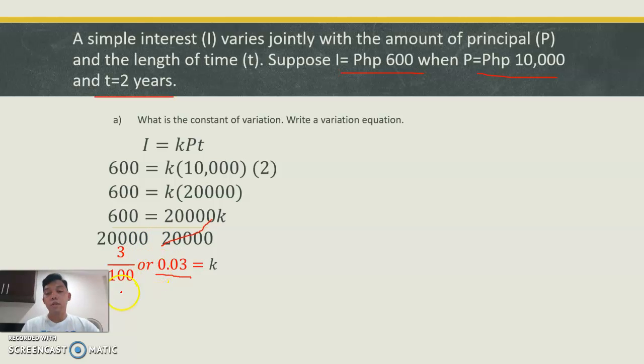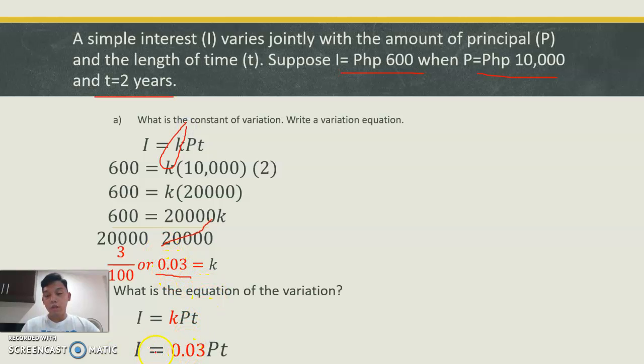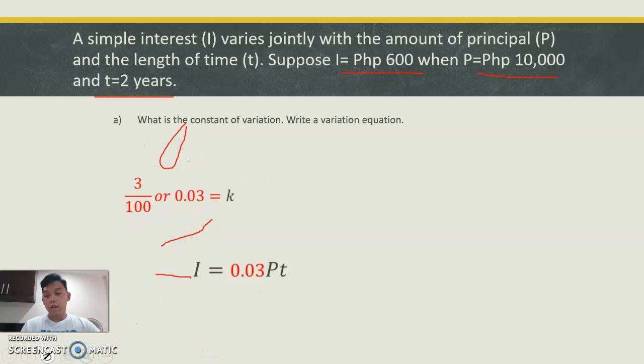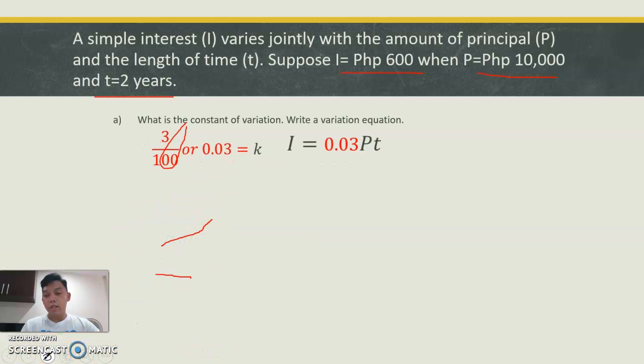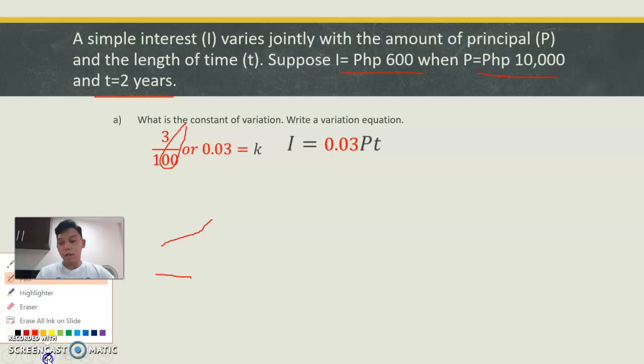So let's proceed. To write the equation, we replace the k with the value 0.03. Therefore, the equation is I equals 0.03 PT. Alright, now let's find the next one.